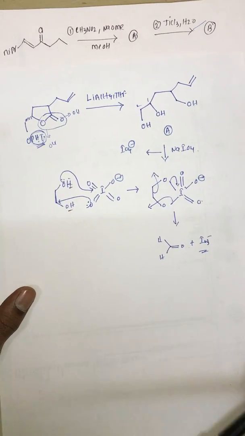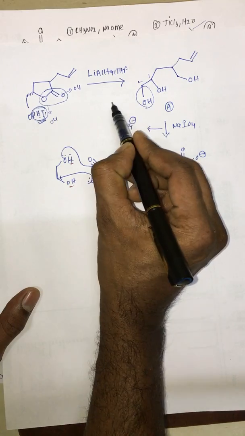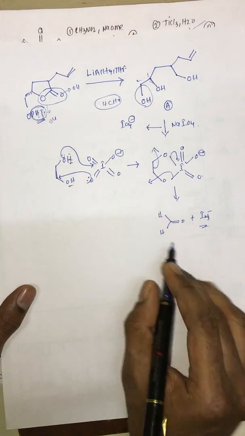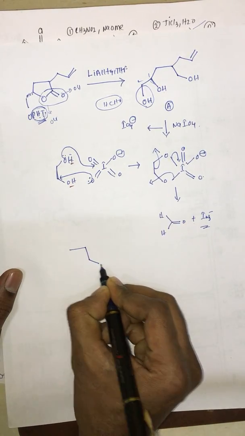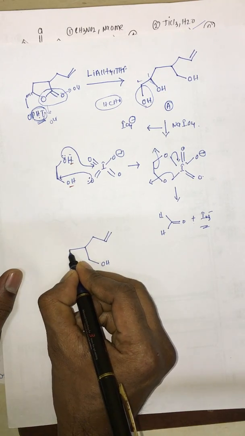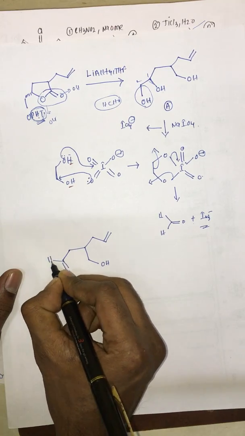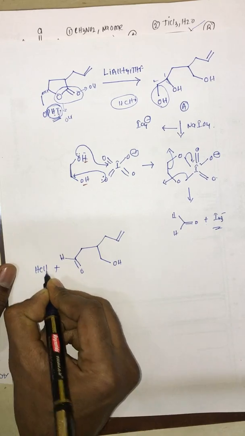If we apply the same mechanism here, this will come out as HCHO, and this will get converted to CHO. So here the product looks like this: OH, double bond H, plus HCHO.